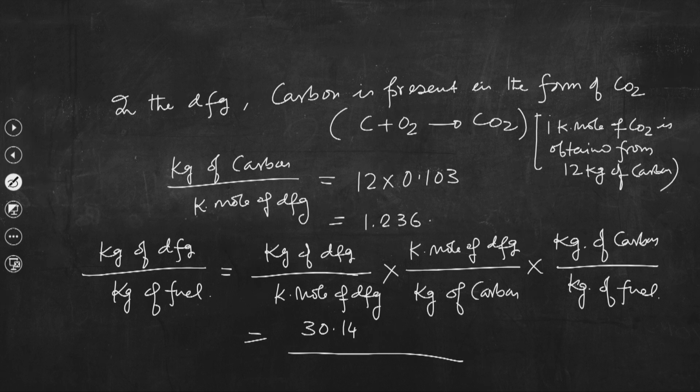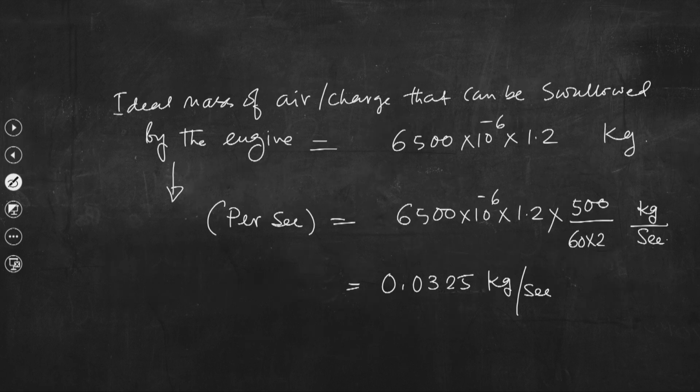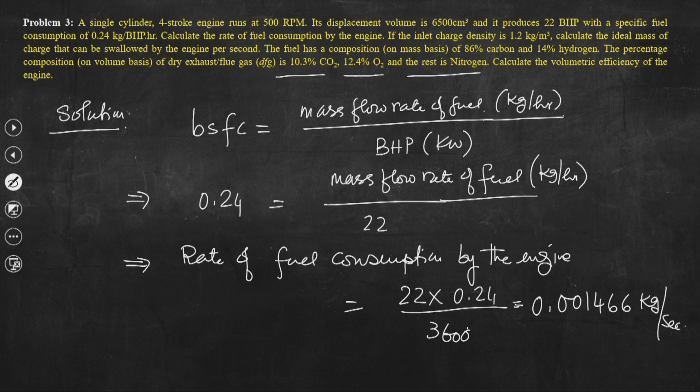That is given from the problem statement. The fuel composition is given as 86% carbon and 14% hydrogen. So, that means if we talk about 1 kg of fuel, it contains 0.86 kg of carbon.